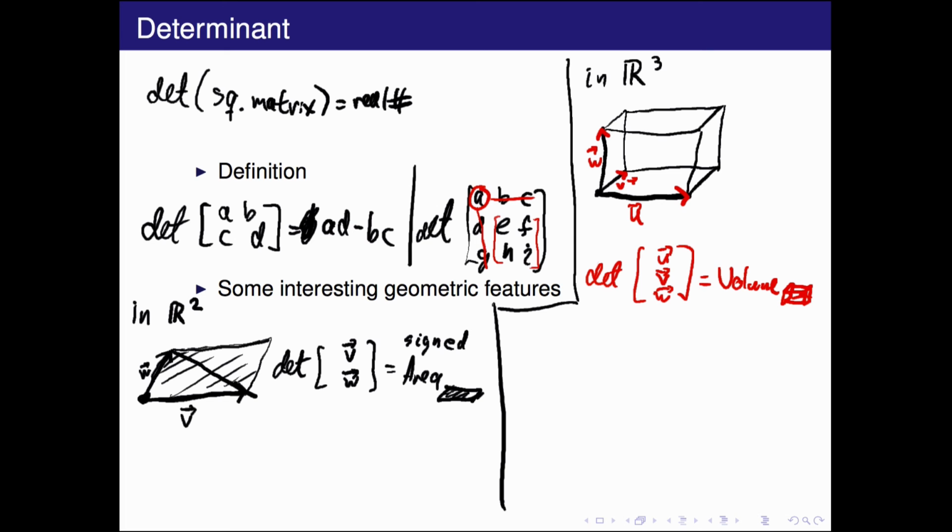Okay, and again, it's not just volume, it's actually signed. Depends on the orientation. So there's signed area from two vectors in two-dimensional space. There's signed volume in three-dimensional space with three vectors. And on the next page, we'll talk about how we use that.